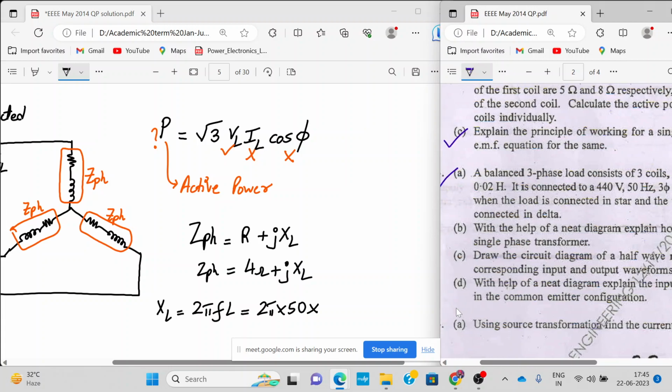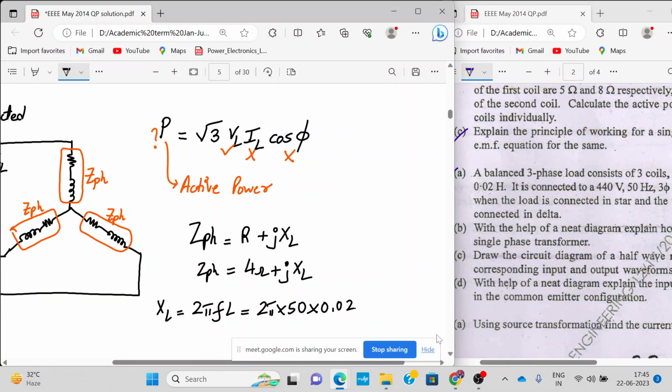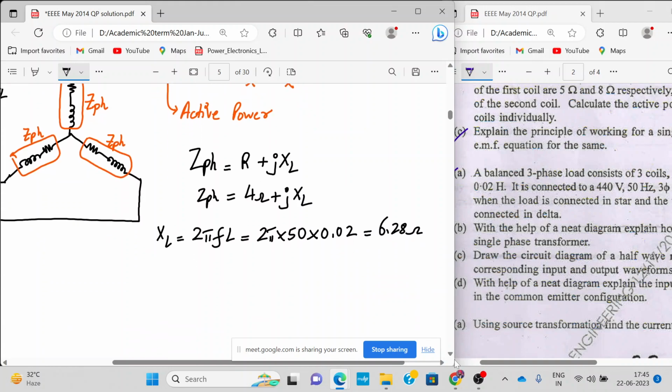Inductance is given as 0.02. Calculate this: 100π into 0.02, so this is 6.28 ohms. So we can write Z phase, the impedance of each coil, as 4 plus j6.28 ohms. I hope it is clear.